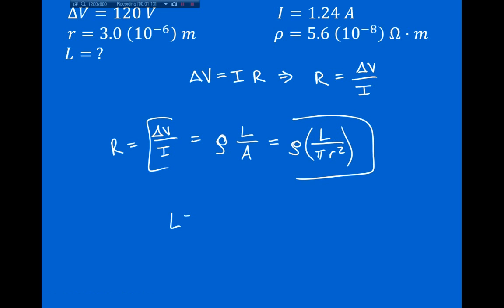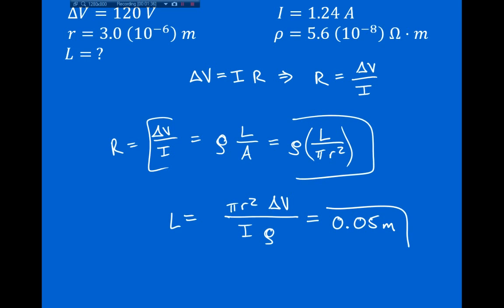So by doing this, we'll see that the length of the wire is equal to pi r squared times the voltage that's lost over the filament divided by the current that flows through the filament times the resistivity of the filament. And plugging all these numbers into a calculator, we can see that the length of the wire is going to be equal to 0.05 meters.